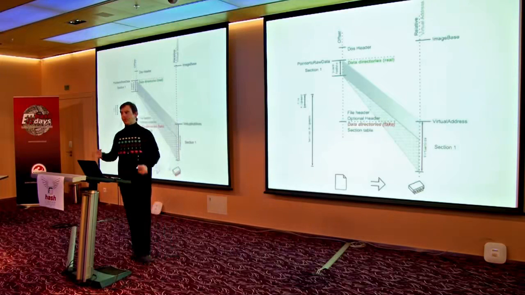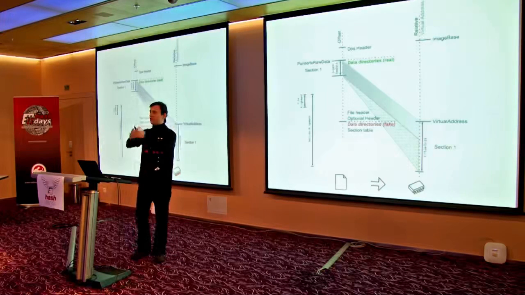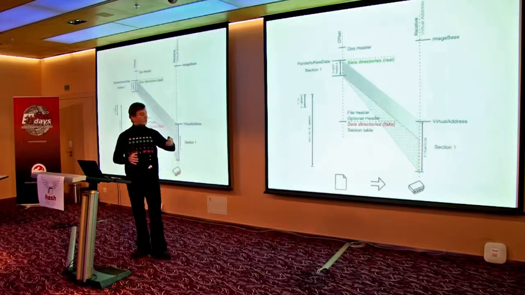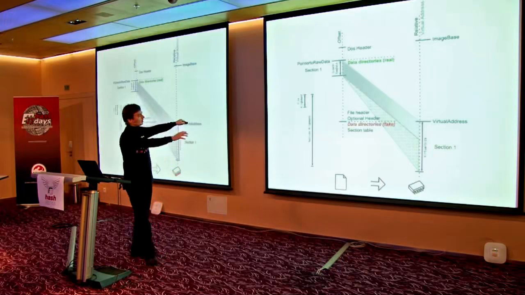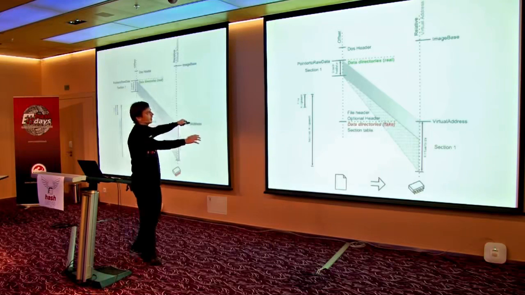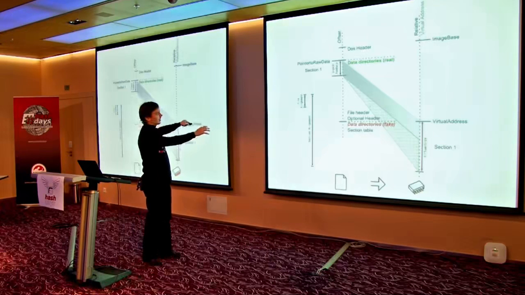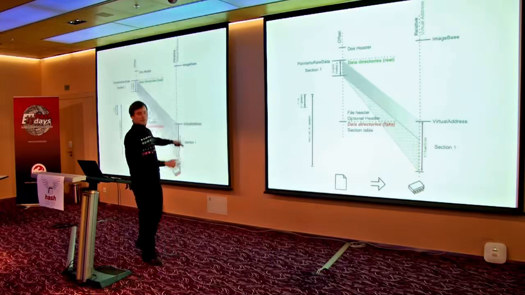The data directories are only used once the file is mapped in memory. The mapping will happen: this is checked, this is checked, this is checked, but this is ignored. Then the file is mapped, the section is loaded at this virtual address, and this will overwrite the fake data directories. So you have the real part here and the fake part that is completely ignored.